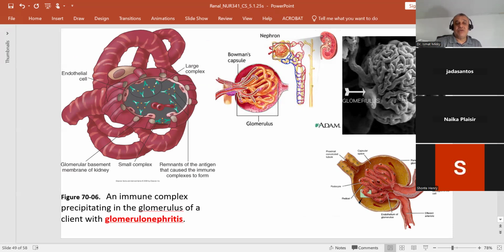The antigen is going to combine with the antibody and becomes an antigen antibody complex. The antigen antibody complex will deposit on the basement membrane of the glomeruli, and that will result in what is called the AGN.